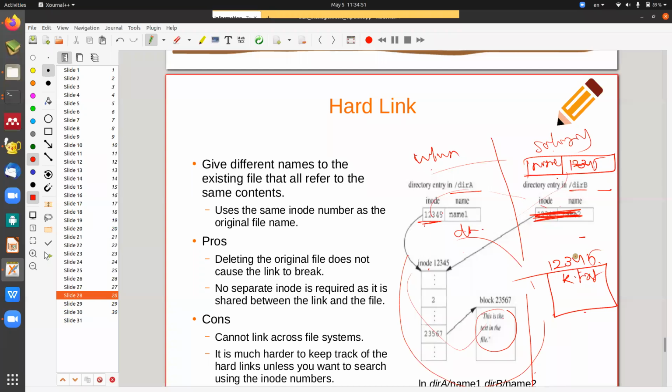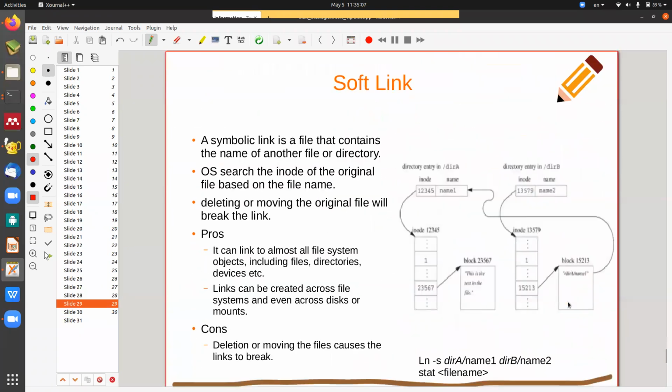So here a hard link will not work. A hard link says do it like this, just use the same inode, and the hard link is done. But if I am using the same inode, then one more file with the same inode can exist. So how can you avoid it? This avoidance will be done by what? A soft link.